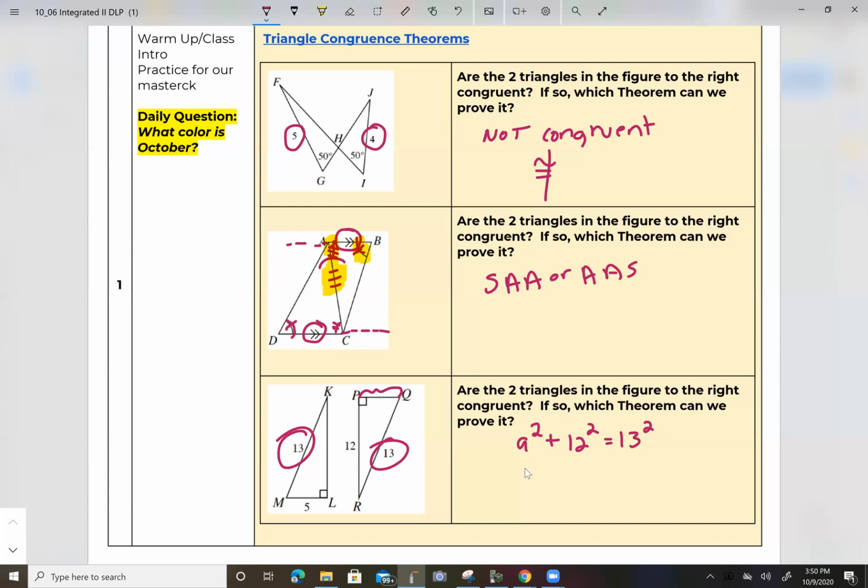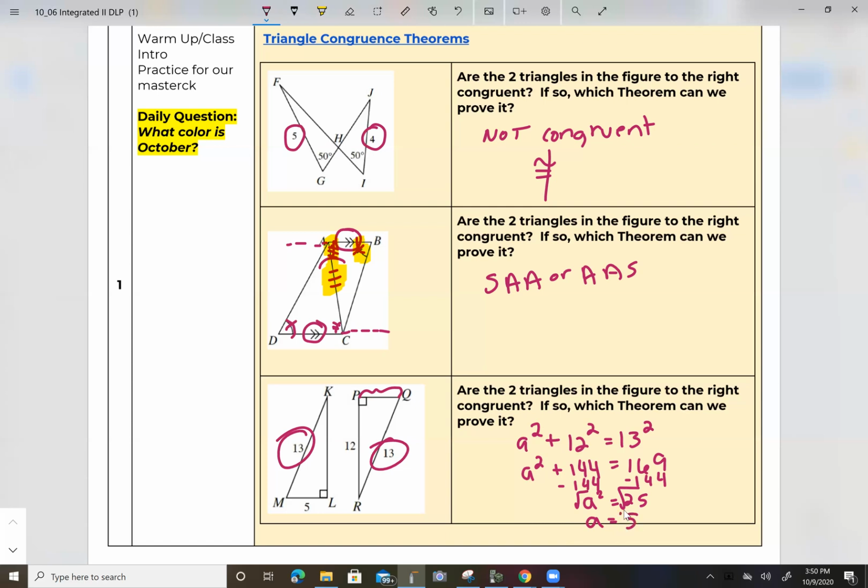Let's solve this. 12 squared is 144, equals 13 squared is 169. Then we subtract 144 from both sides, and we get A squared is equal to 25. Then we take the square root of both sides, and we get A is equal to 5.